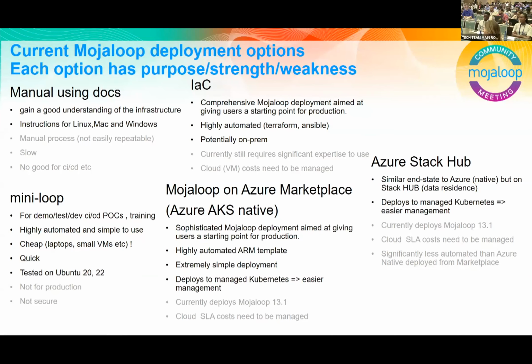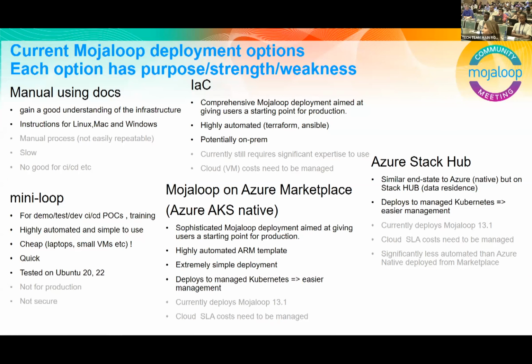Anyway, so look, what are our current Mojaloop deployment options? This is what we've got at the moment: using the docs, using mini loop, infrastructure as code, the marketplace, and Jason just talked about Stack Hub, which was actually a really fun exercise. I deployed that with help from Daniel from Cybrin.